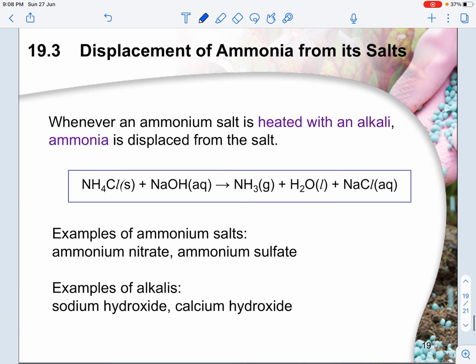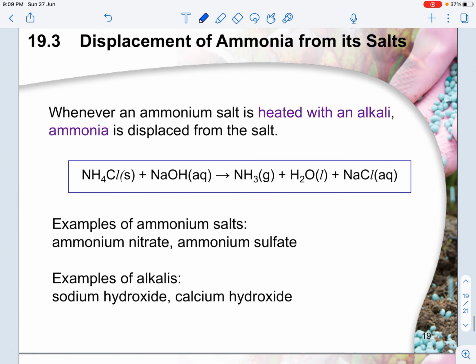Lastly, we look at displacement. So whenever an ammonium salt is heated with an alkali, this is in the chapter of acid and base, you see that ammonia would be formed. So ammonia, how do you test for ammonia? You will see a moist red litmus paper turn blue, right? Yeah, so that is the test for ammonia, and some examples of ammonium salts are ammonium nitrate and ammonium sulfate.